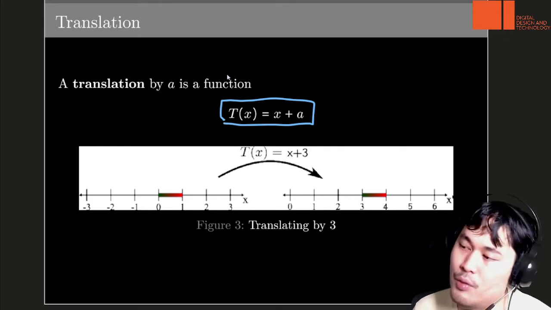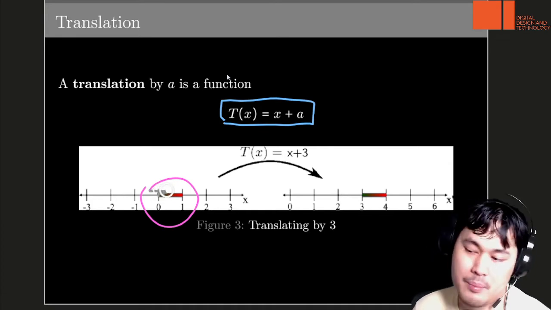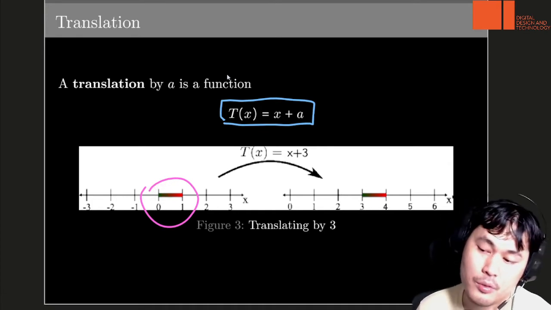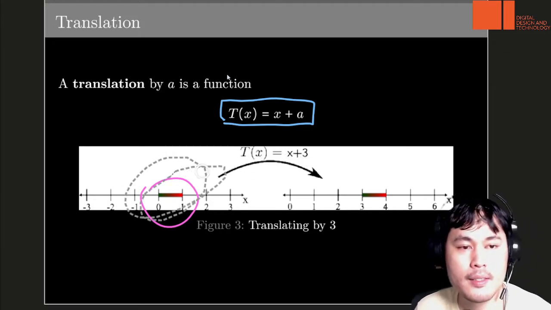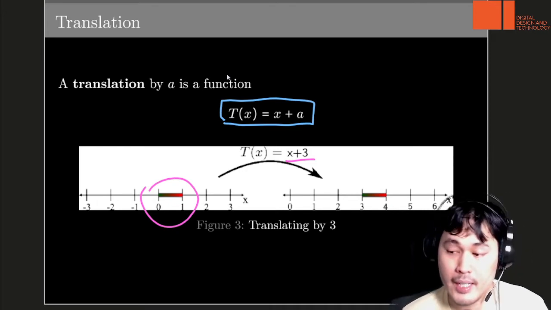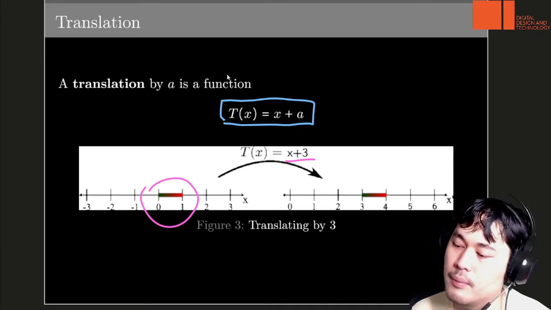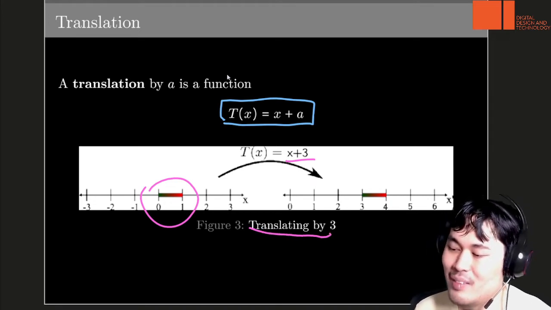So for instance, if you have a line segment, or an interval, from 0 to 1, and you move every point here by adding 3, that's the same as translating by 3. It's kind of a fancy word.